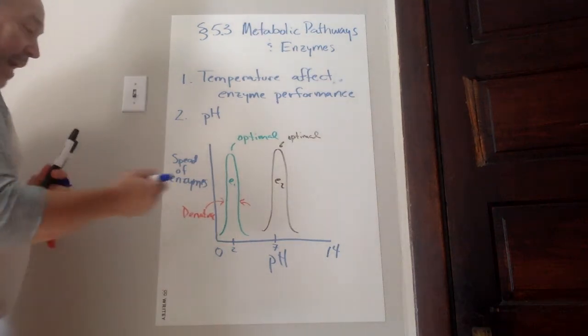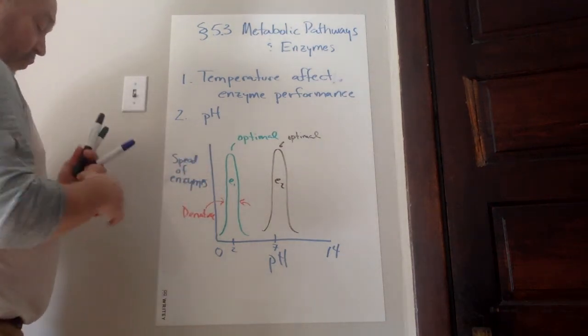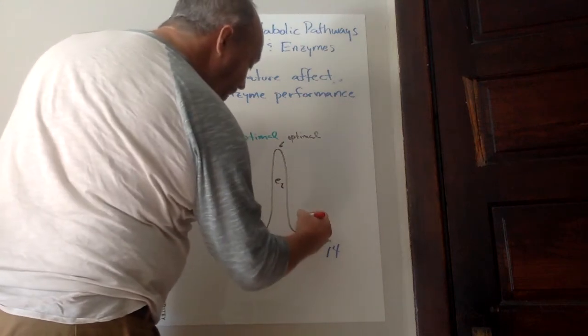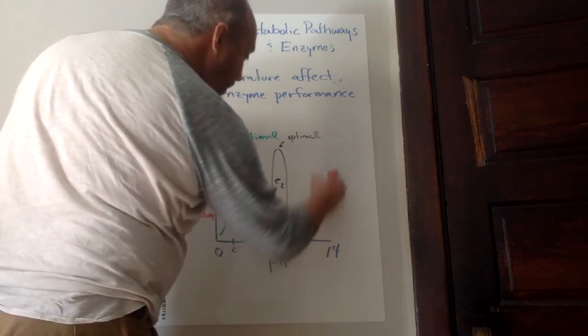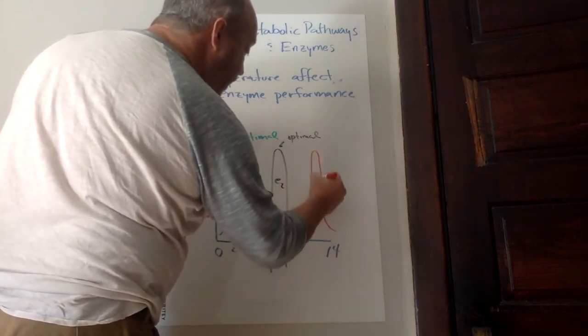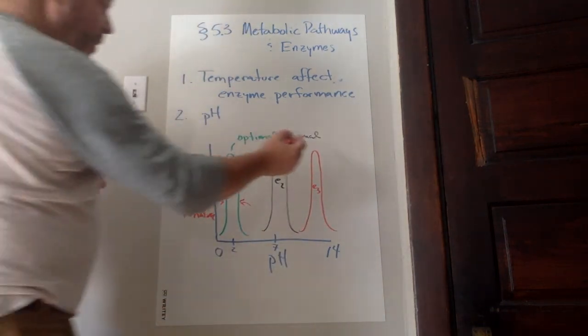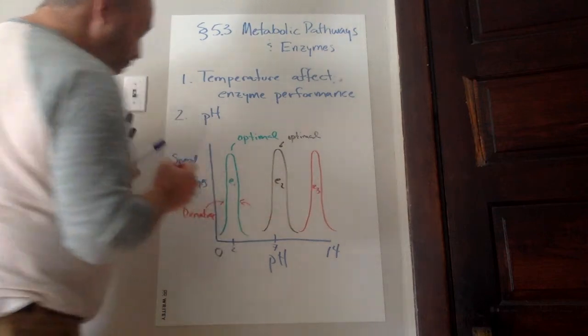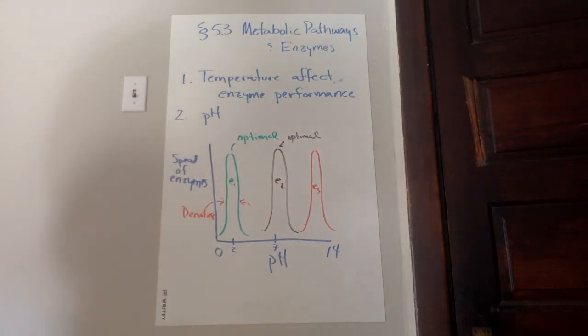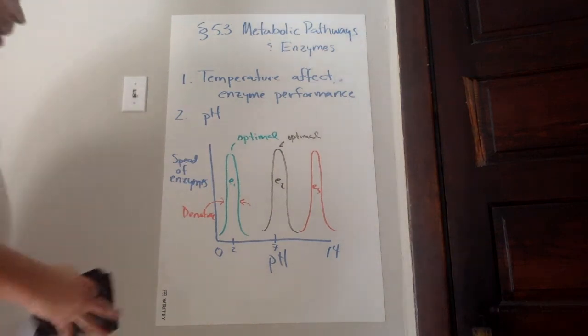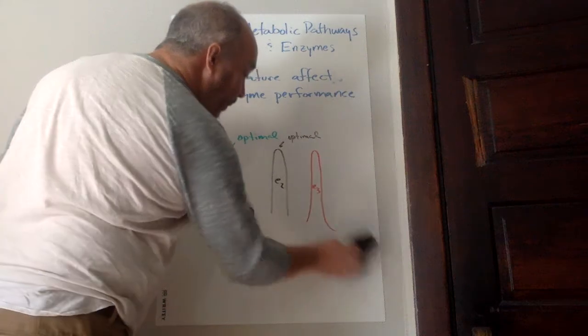Some like to work at, I need to use red, basic conditions. So this would be a third, a different enzyme, and its optimal pH is under basic conditions. Still has an optimal, it will still denature on either side of that. So pH can also affect how enzymes work. If an enzyme denatures, it cannot work.